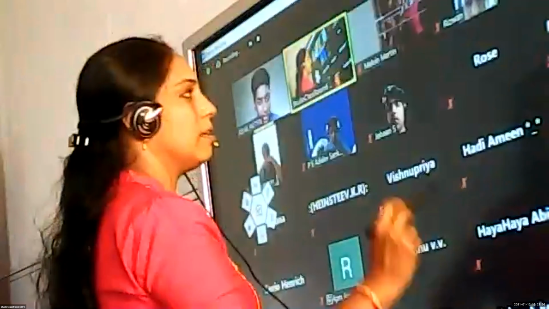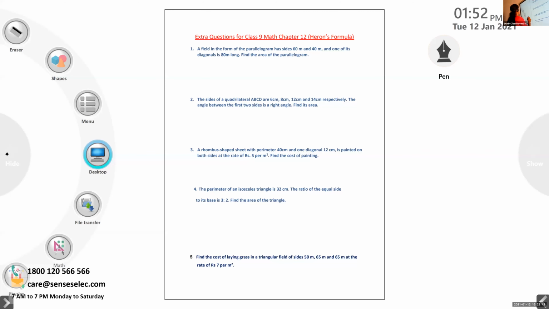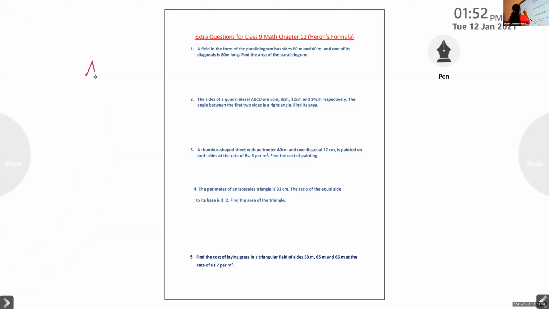To find a triangle's area, like root of s minus a, s minus b, s minus c. Yes. Okay. So Heron's formula is for finding the area of a triangle. The chapter's name is Heron's formula. So you can write the heading as revision.